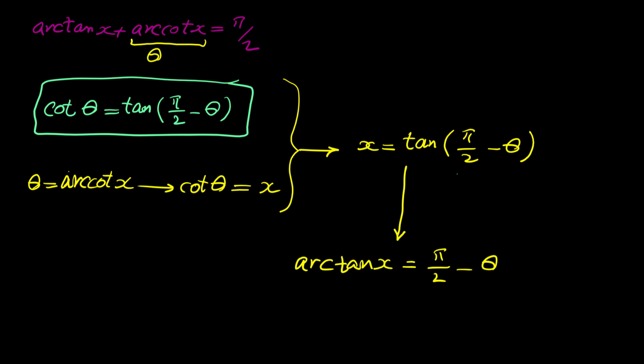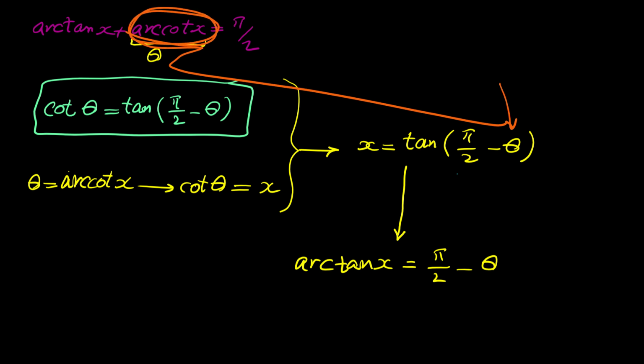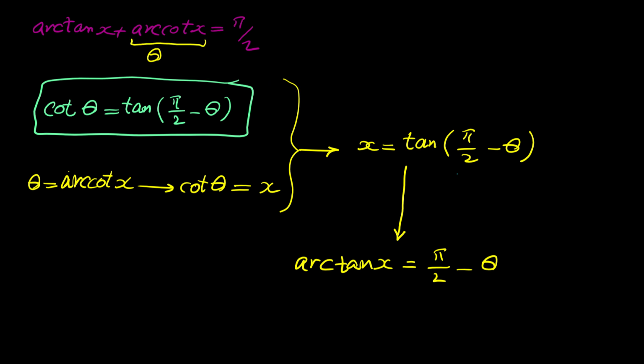Please pay attention. The theta angle that we have here is arccotangent of x. But what do we know about arccotangent? We suppose arccotangent of x as angle theta. We know that arccotangent is always between 0 and pi.